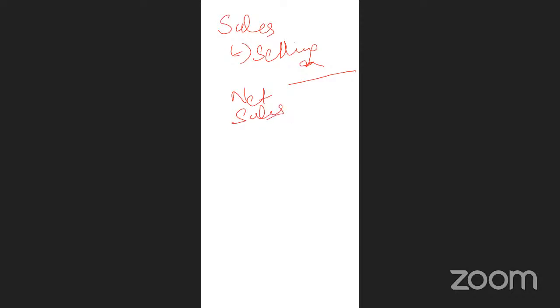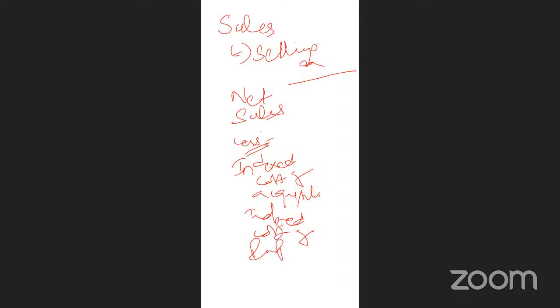From this, I will deduct indexed cost of acquisition and indexed cost of improvement. When you deduct these, the difference you get is called income from capital gain.